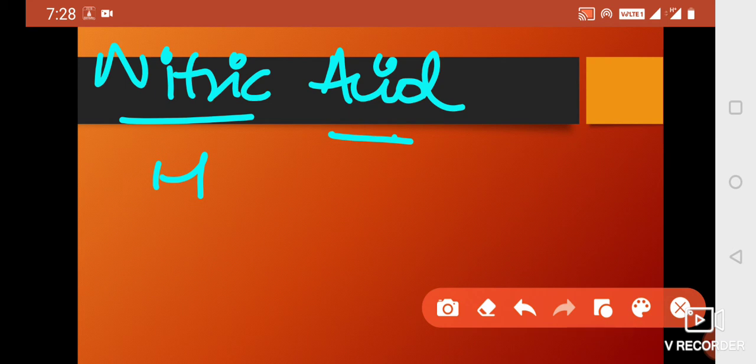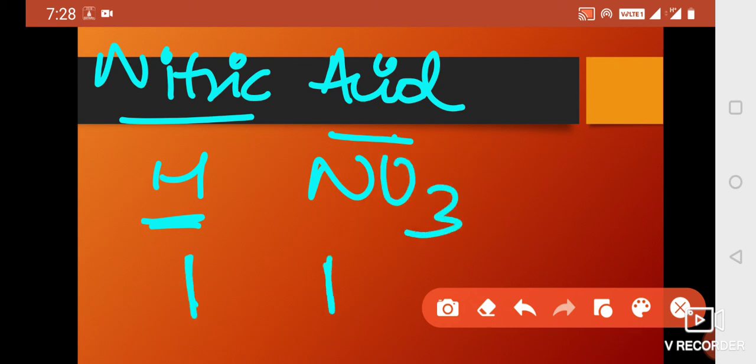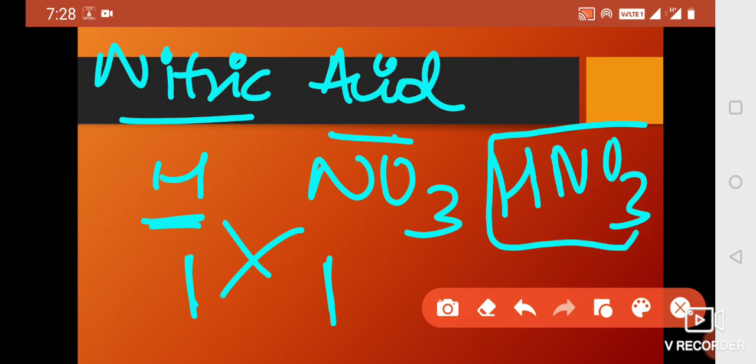So according to the law of making chemical formula, we write the cation first and then the anion. So we write hydrogen first and then nitrate, and the symbol of nitrate is NO3. Their valencies are 1 each, crisscrossing, and we get the formula as HNO3.